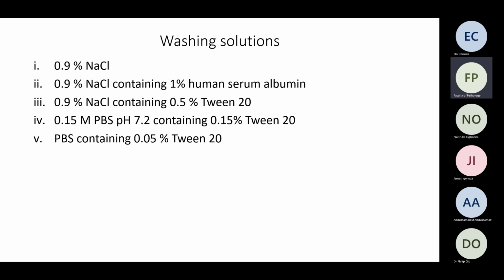Washing solutions. There are many washing solutions. The washing solutions include 0.9% sodium chloride. Secondly, you can use 0.9% sodium chloride containing 1% human serum albumin.